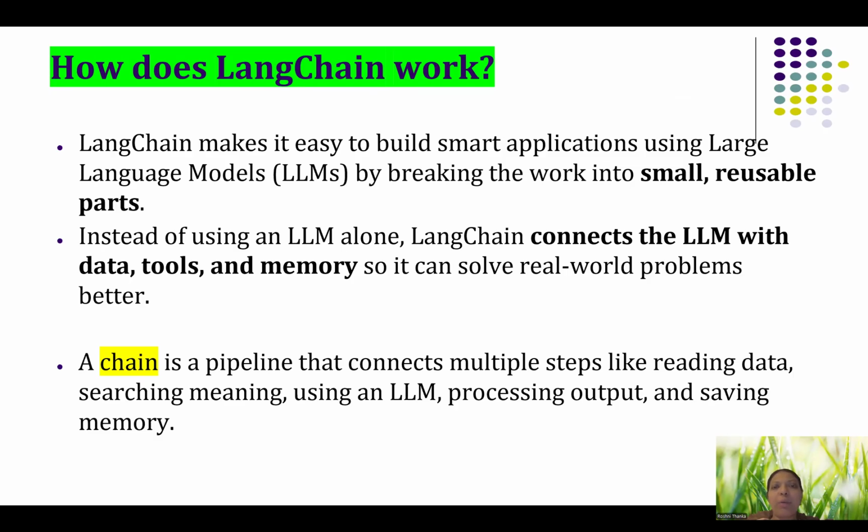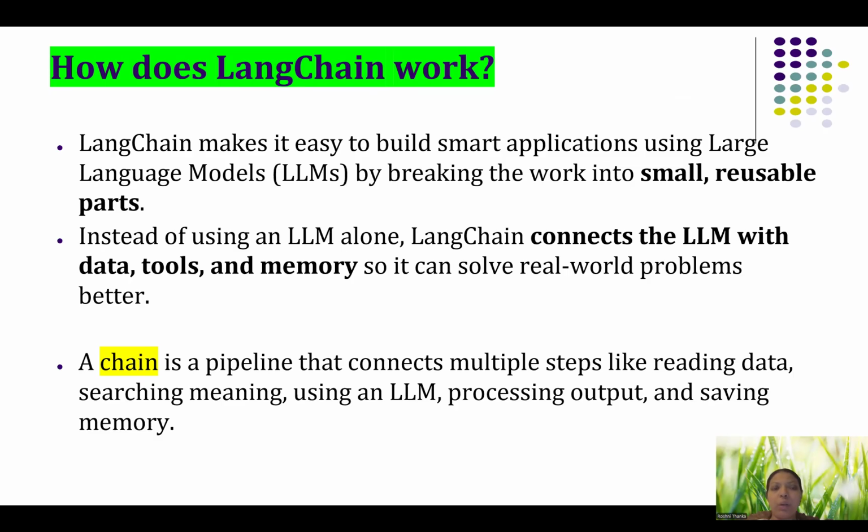The LangChain framework provides all those components, so that we can break our input into small reusable parts. Instead of using an LLM alone, LangChain connects the LLM with other tools like data and memory, whatever it may be, by which we can solve real-world problems.